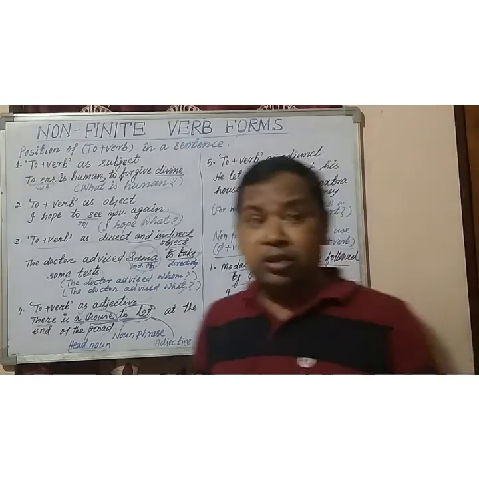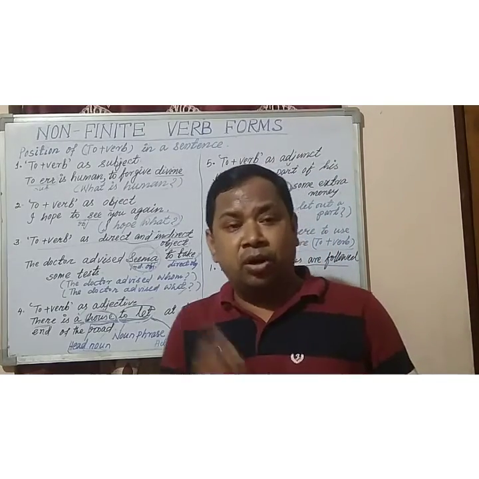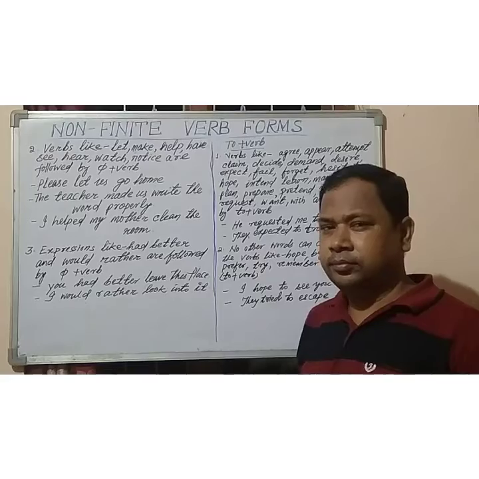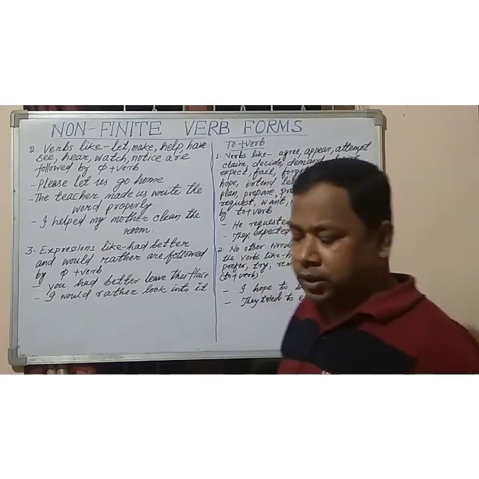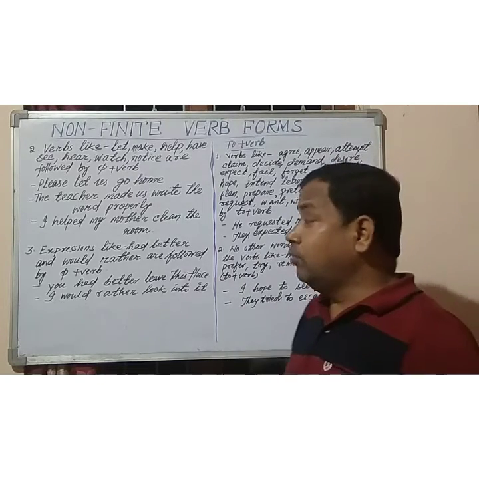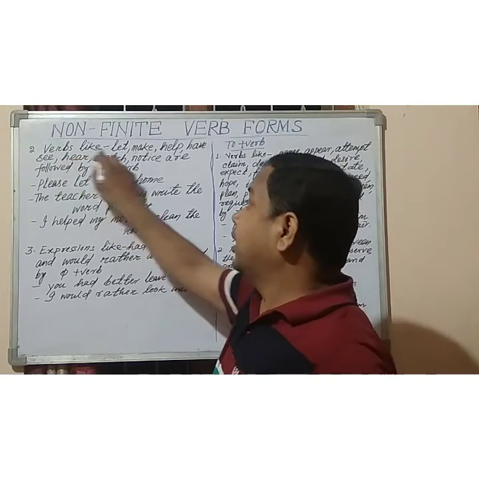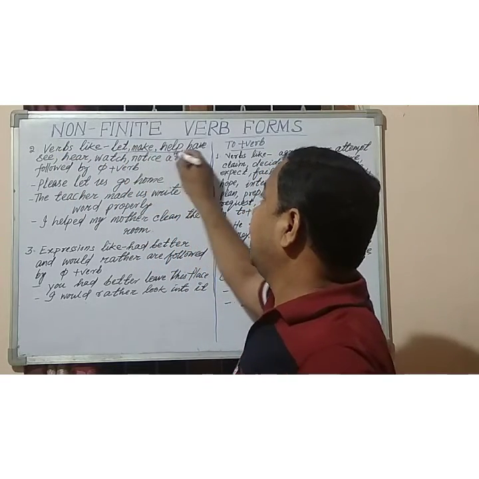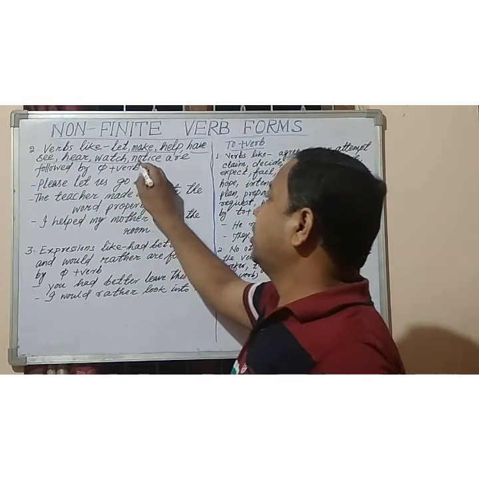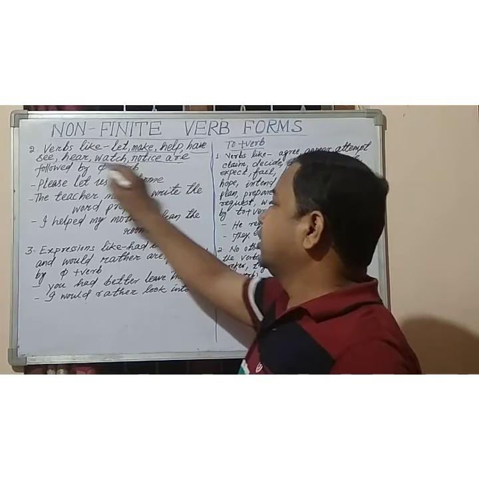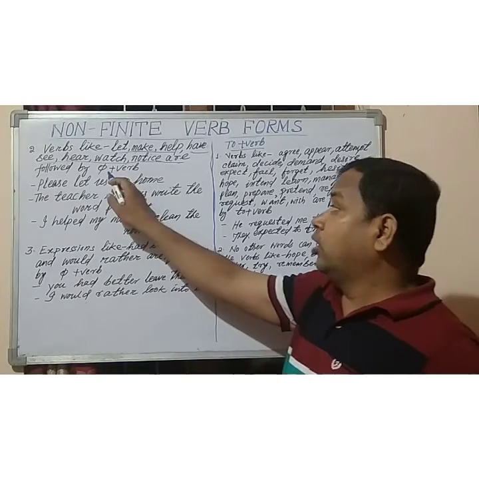Now let us discuss the other uses of null plus verb. In number 2.2, let us see how null plus verb is used in the sentence. Verbs like let, make, help, see, hear, watch, notice are followed by null plus verb.